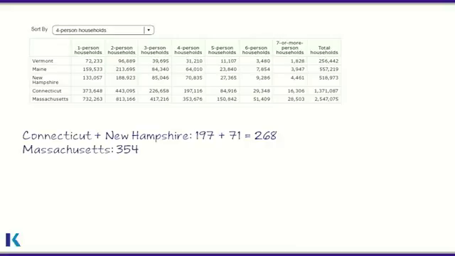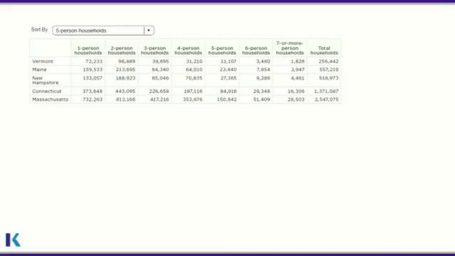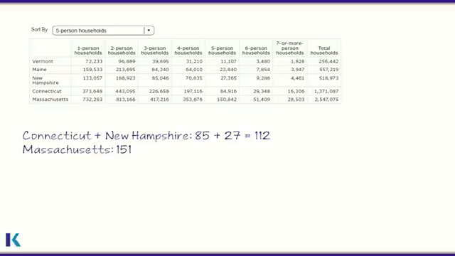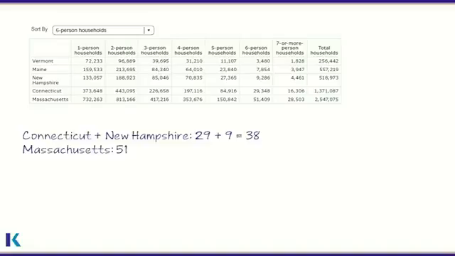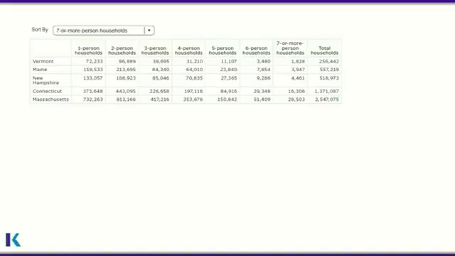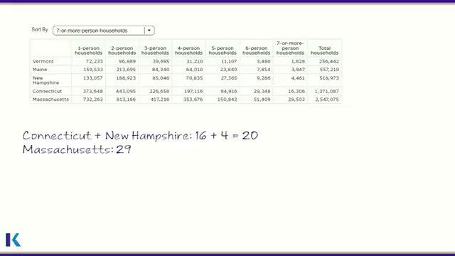Yes. For the five-person households, is 151,000 greater than the sum of 85,000 and 27,000? Yes. For the six-person households, is 51,000 greater than the sum of 29,000 and 9,000? Absolutely. And for the seven or more person households, is 29,000 greater than the sum of 16,000 and 4,000?